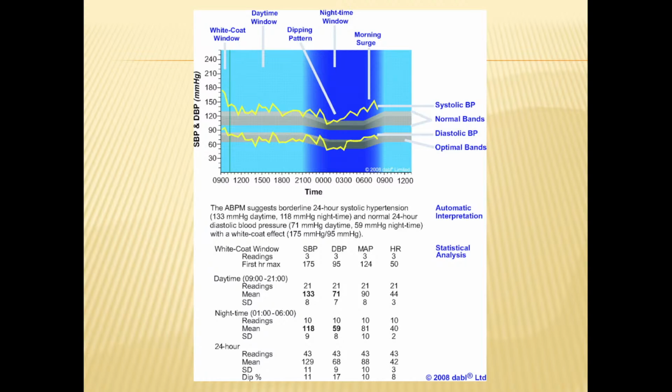And you see in the first measurement in the office, BP is highest. It is around 175 over 90. And then when the patient goes away from the hospital, BP normalizes and shows a normal level. So this patient suffers from white coat hypertension.